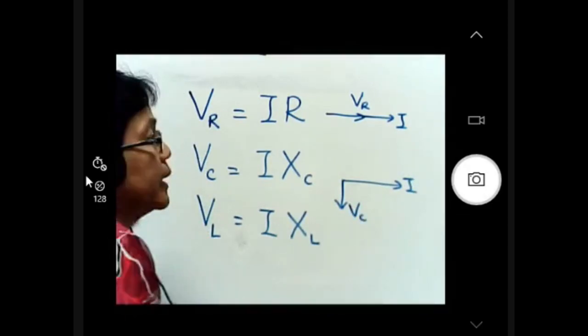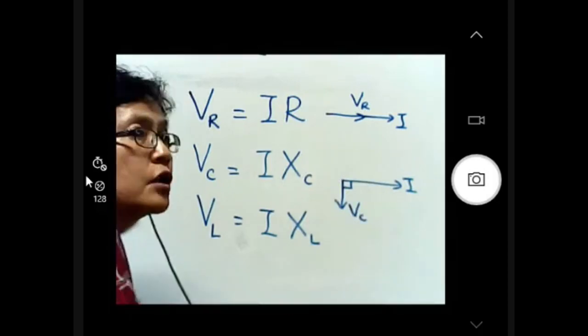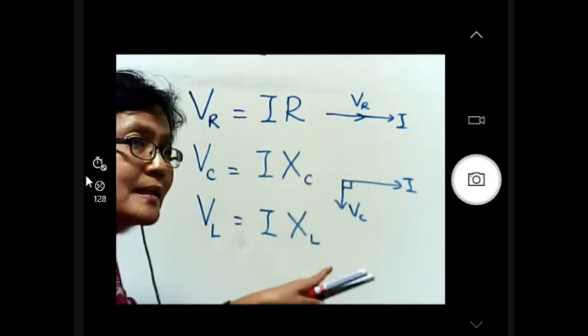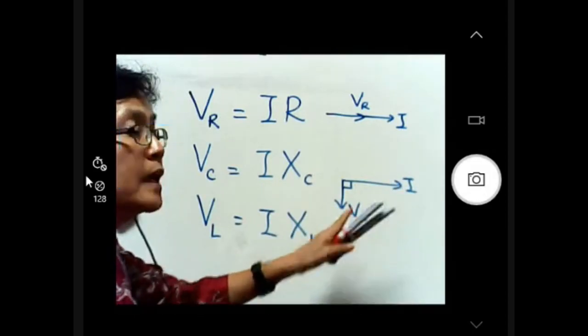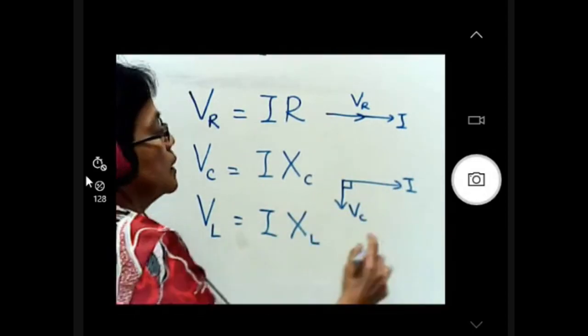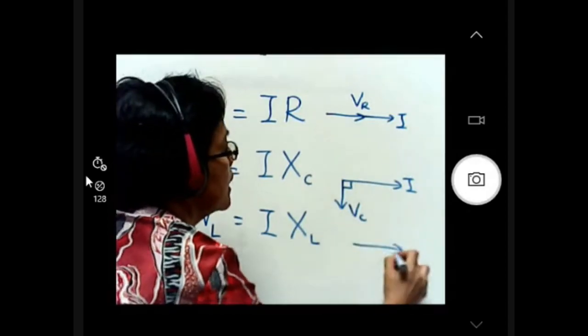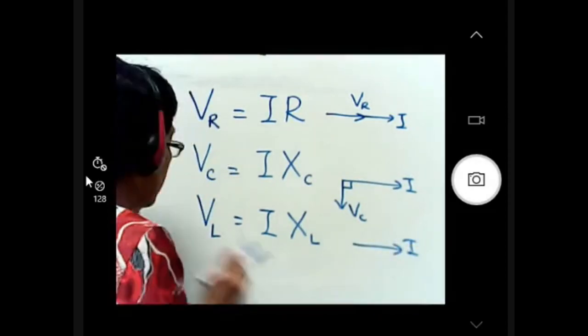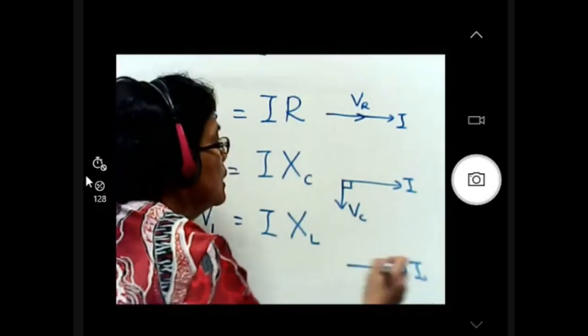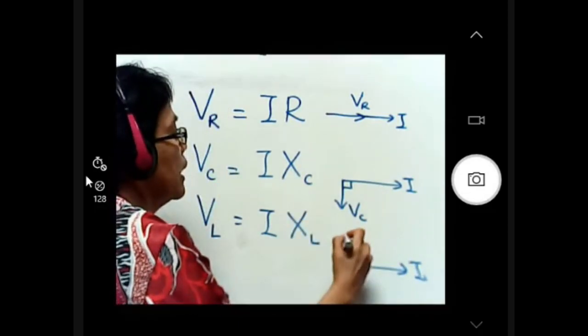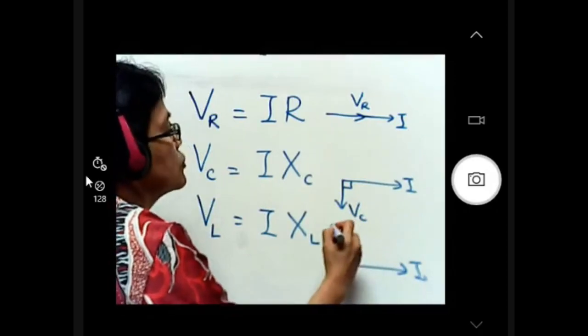Do you still remember? Voltage across capacitor lags current by 90 degrees. As for inductor, if the current is at sine, then the voltage will be at positive cos.